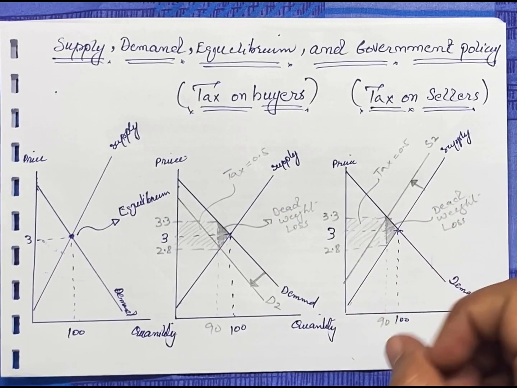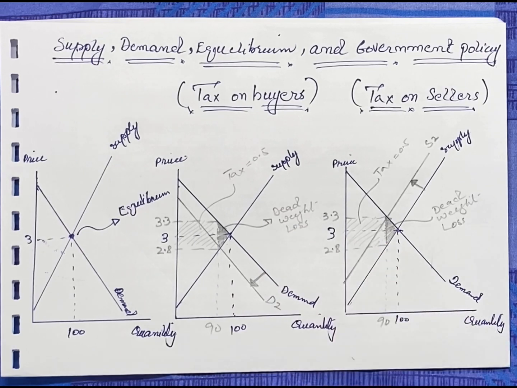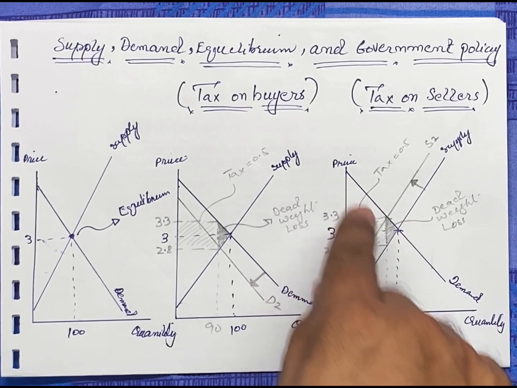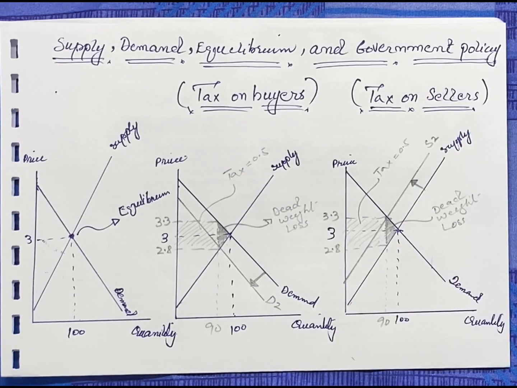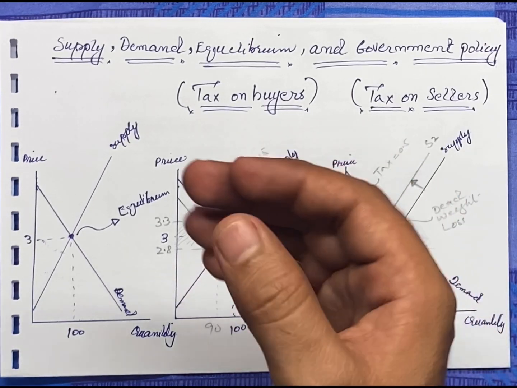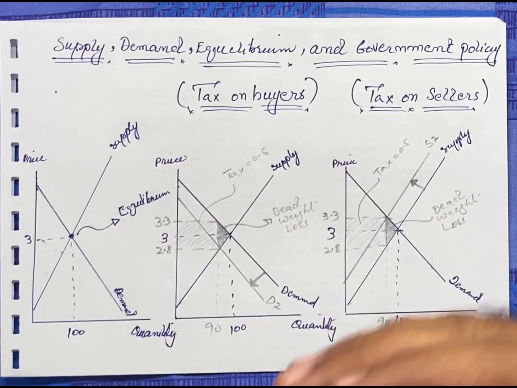It is all because of the same elasticity, because here demand and supply are both elastic. So how can it be different, so that the tax affects more the buyer or more the sellers?